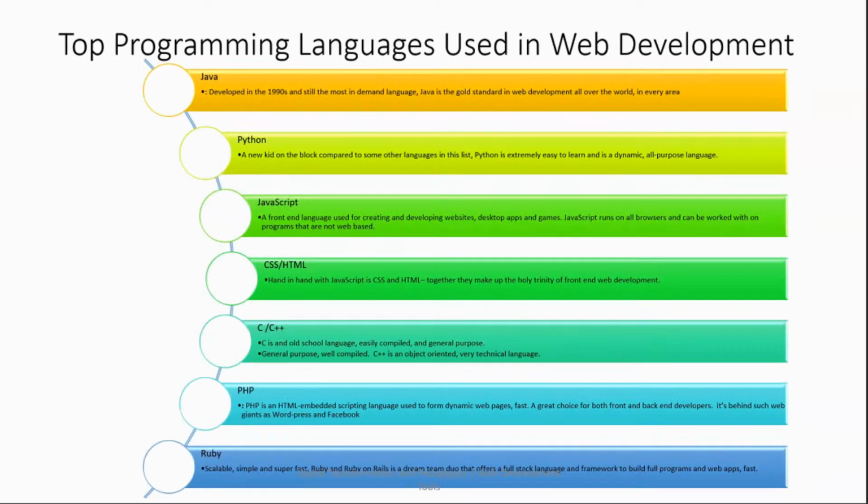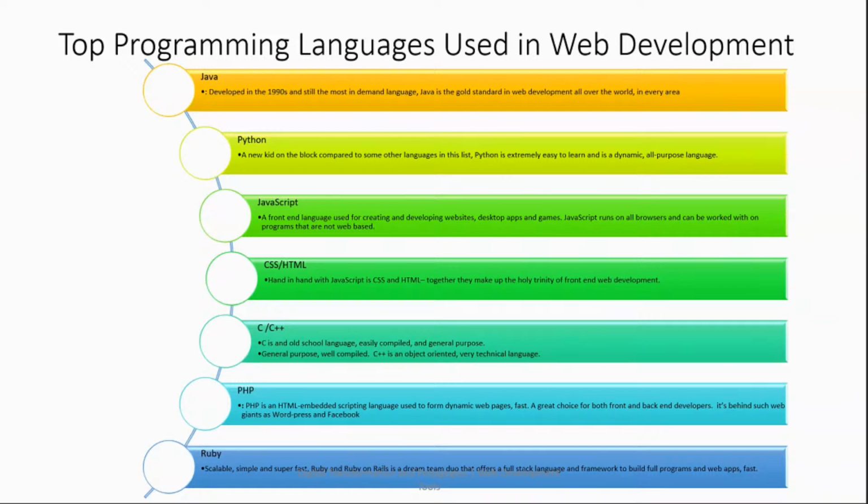So talking about web development, these are the hardcore languages which are available, but they need a lot of expertise. For example, Java has been there for the last 35 years. Python is a latest tool, and it's extremely easy to learn.